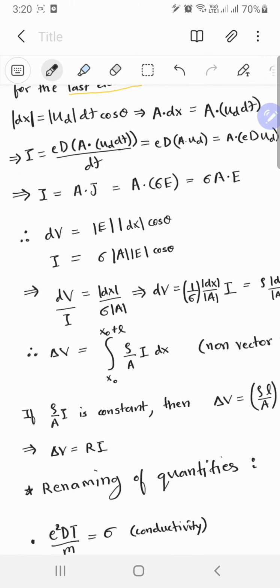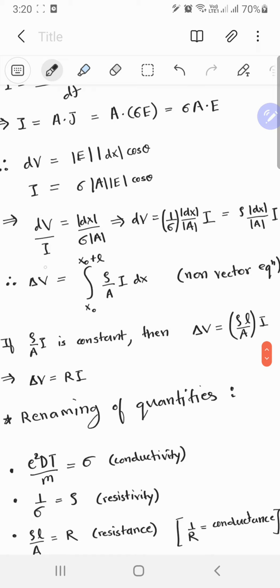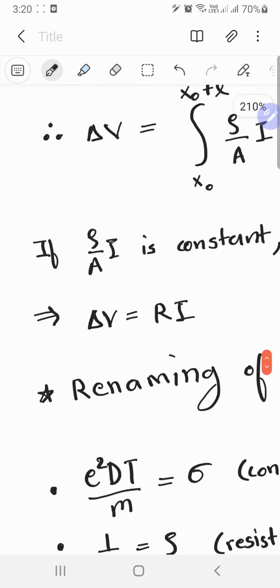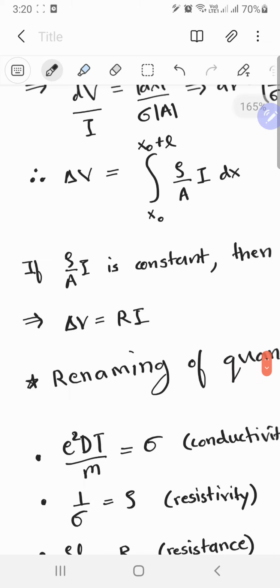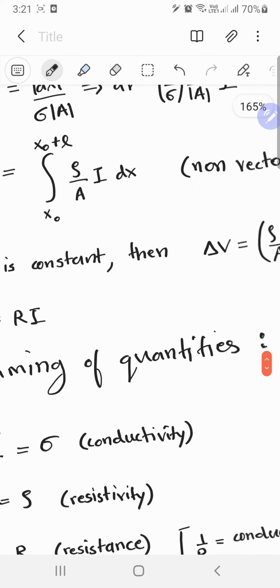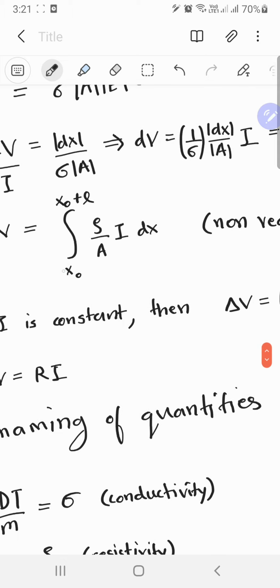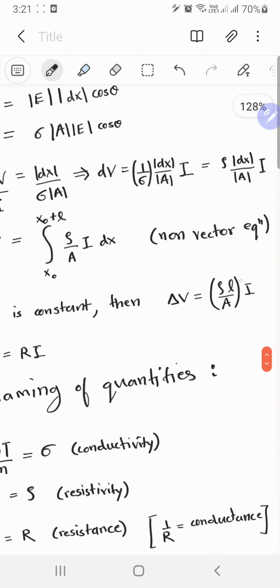Okay, where was I? So integrating this, we just get delta V equal to the integral from x naught, some value of x, till x naught plus L and all this stuff. So if this integrand, rho upon A into I, is constant, then we can write delta V equal to rho L upon A times capital I. So it's going from x naught to x naught plus L. That's why this L over there.